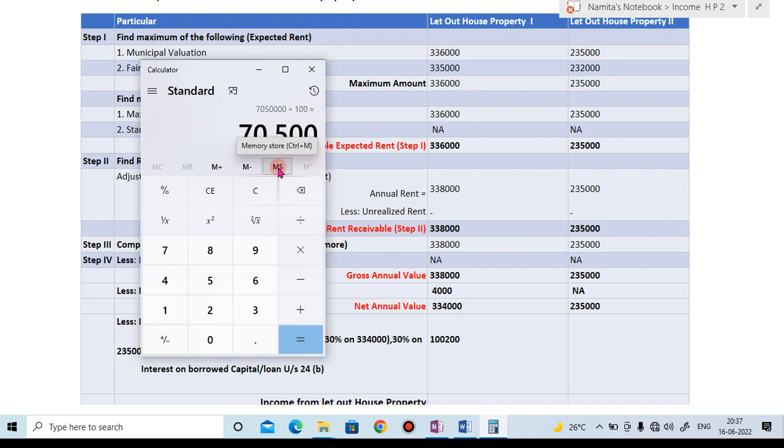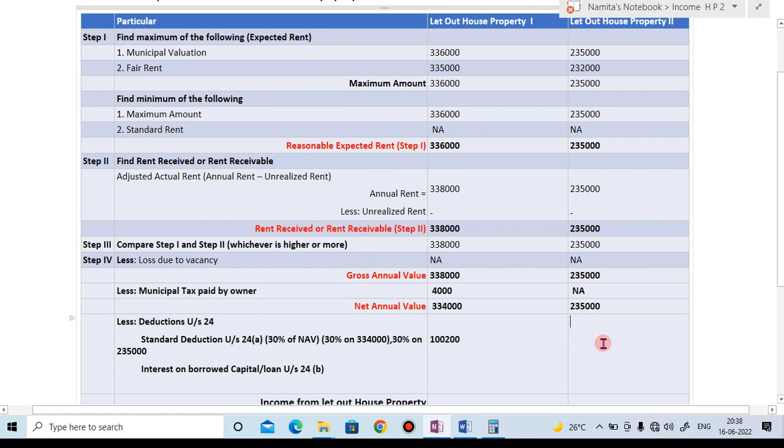So 30% on 2,35,000 is 70,500. So 70,500 is the 30% on net annual value.